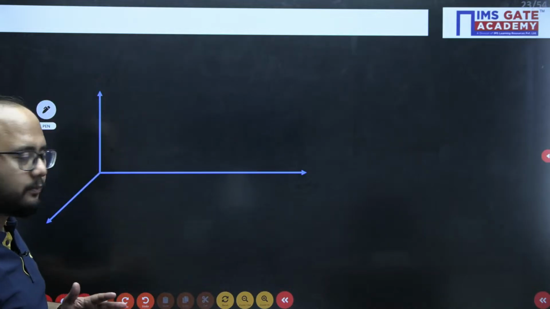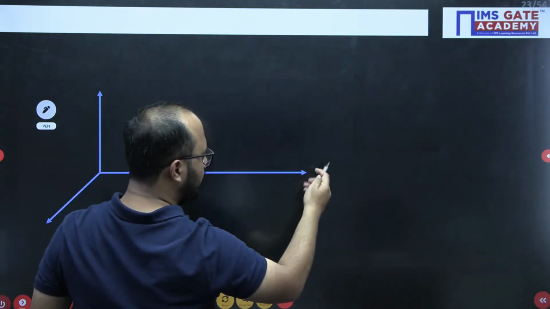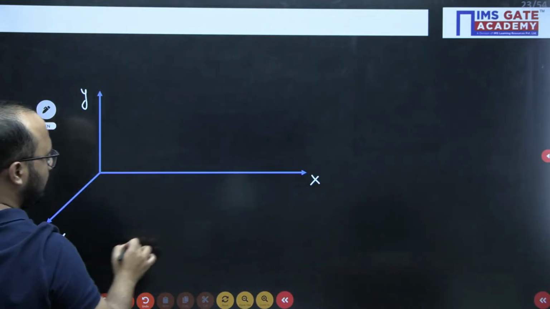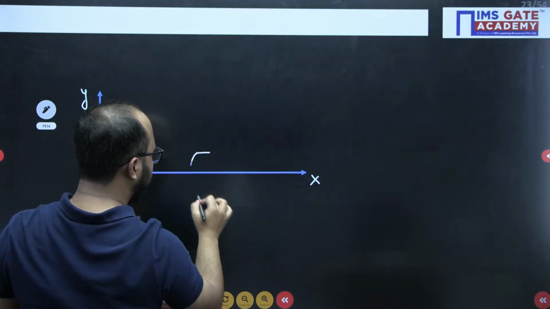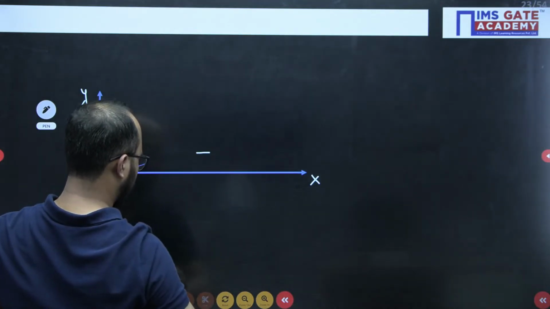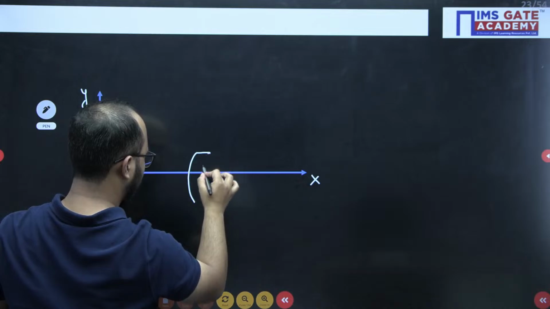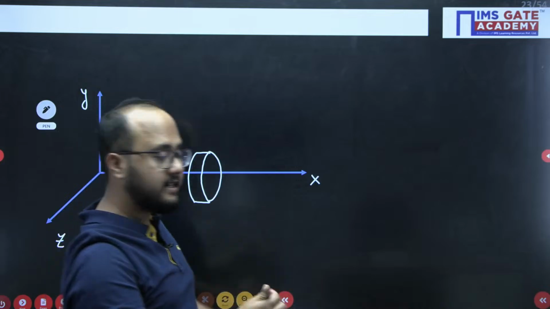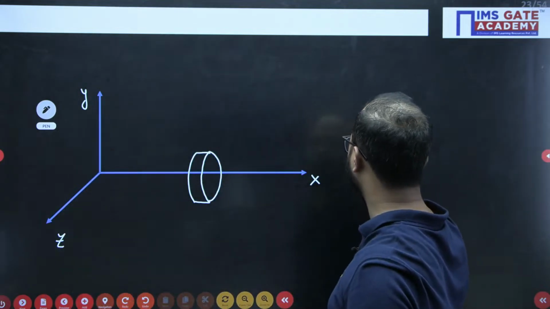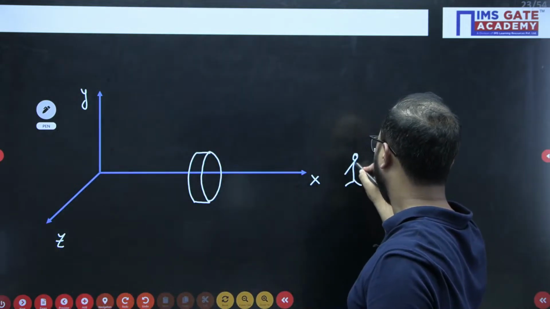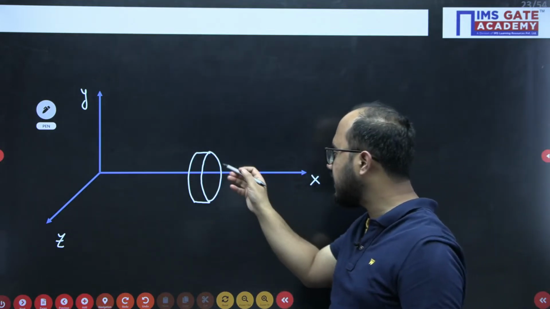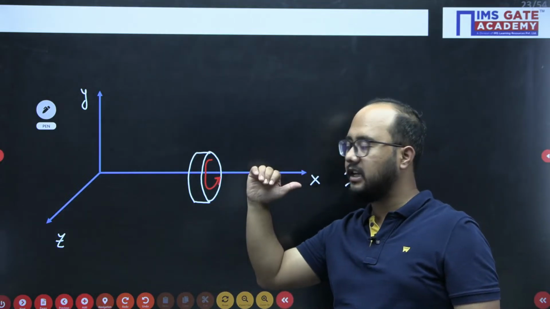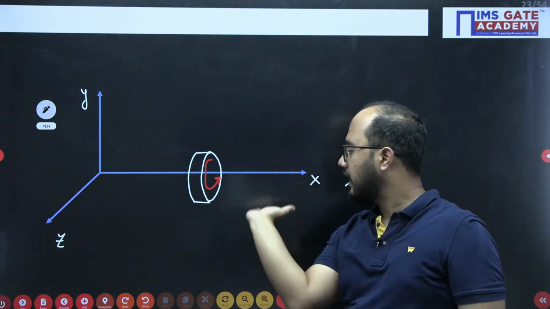Now let us suppose this is the x direction, this is y, and this is z. Let us suppose we have a disk here. From the right hand side, if you are observing, you have seen it is rotating anti-clockwise.